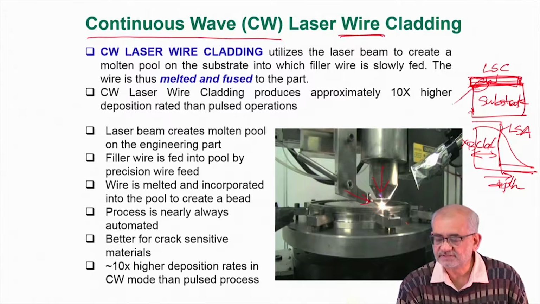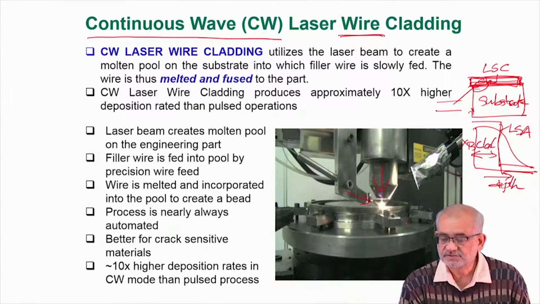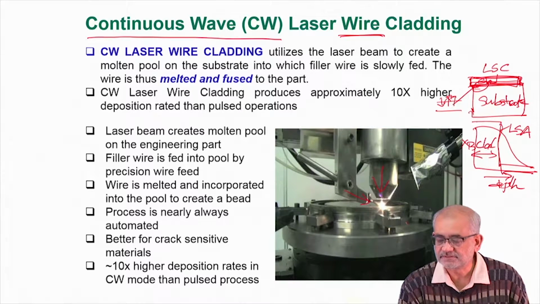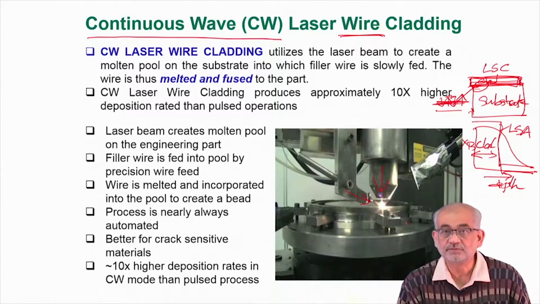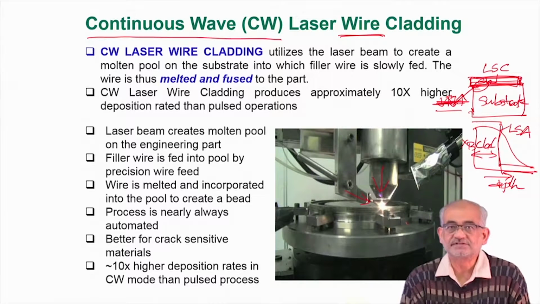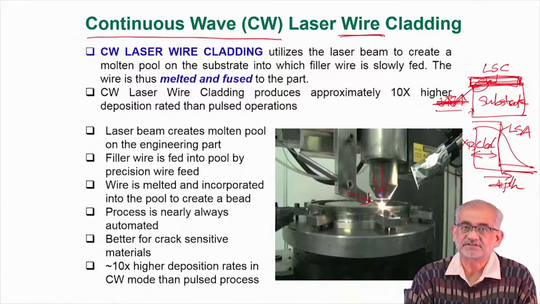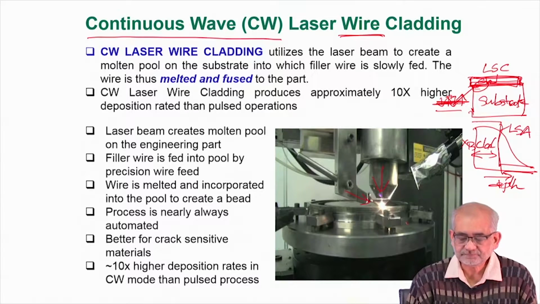So this interface is not entirely devoid of intermixing. The clad will have a certain amount of intermixing with the underlying substrate, and as a result, the interface, though fairly sharp, will have good metallurgical bonding. In other words, adherence is not a major concern in surface cladding.